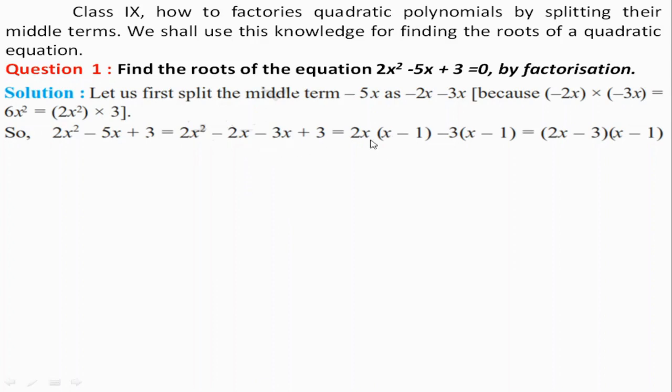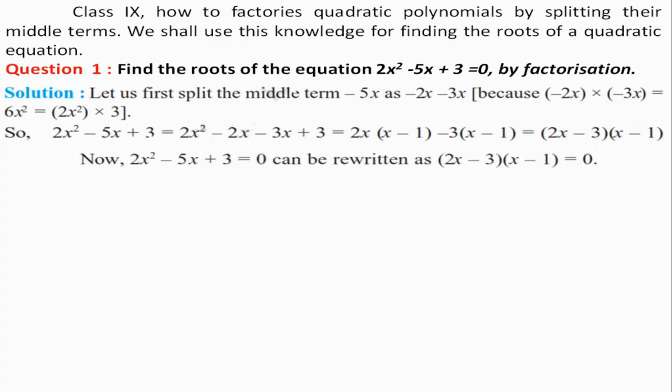Now take 2x common here, so it becomes x minus 1 inside the bracket. Similarly take minus 3 common, inside the bracket x minus 1. Now in both, the bracket x minus 1 is common, so we take it out, and the remaining bracket is 2x minus 3.